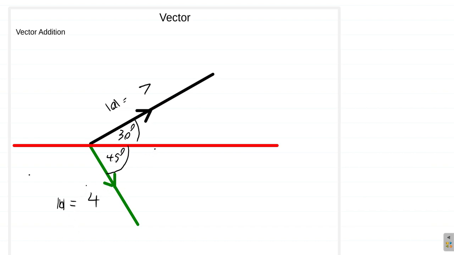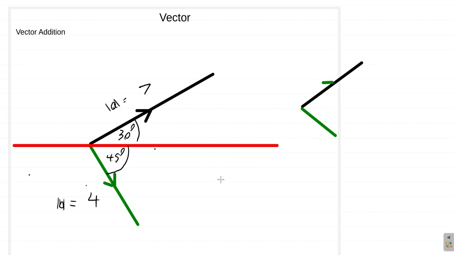Now, suppose you take this vector here. Let me draw a straight line. The vector A, the magnitude of A is 7. And you have vector B, magnitude of 4.